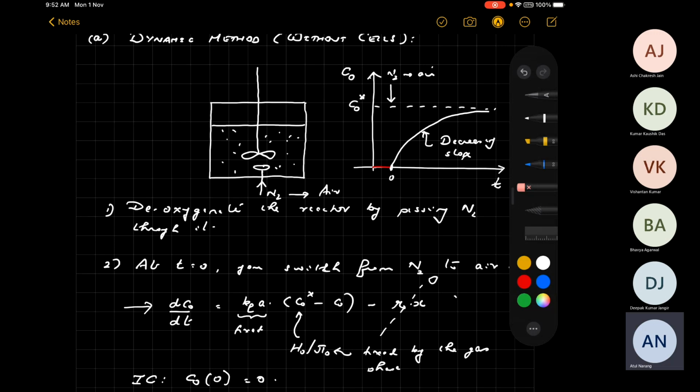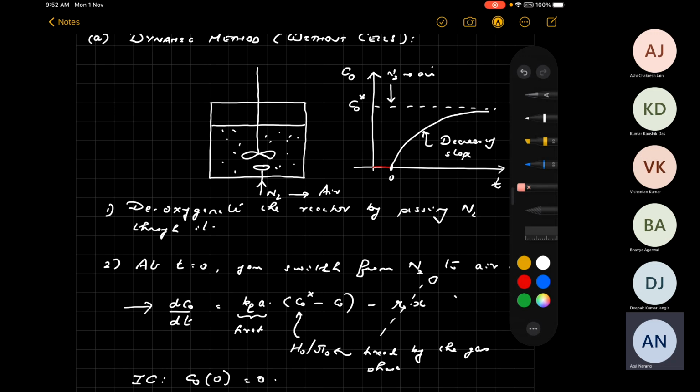From these bubbles of air, oxygen will be transferred from the bubbles to the liquid. As that happens, your probe, which is measuring the concentration of oxygen in the liquid, will register an increase. That increase is shown by this white curve that I have drawn with decreasing slope.